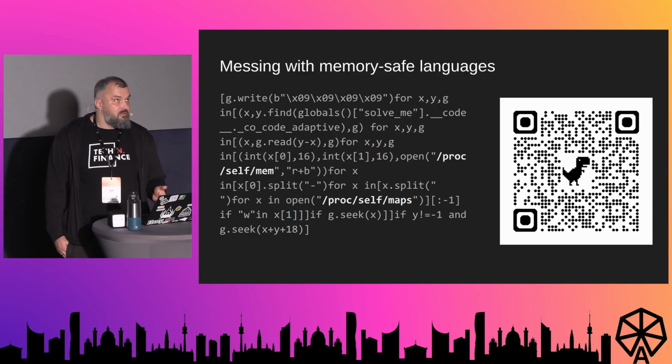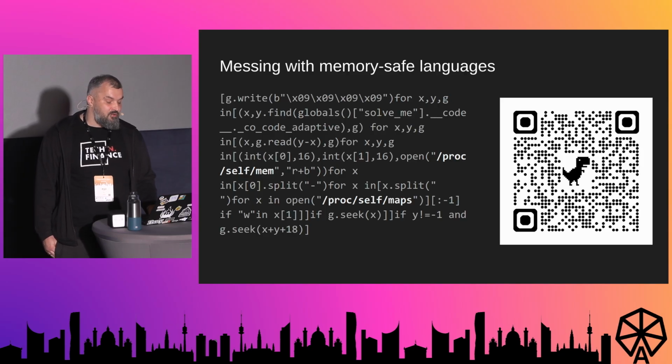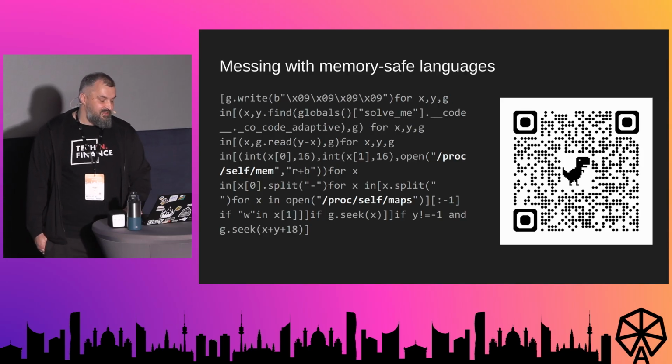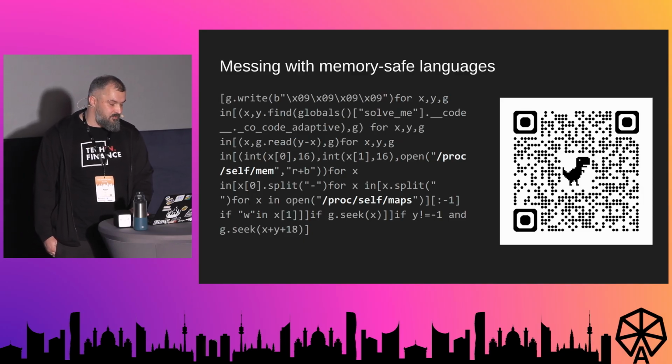However, it doesn't prevent you from reading and writing files. And since this self/mem is just a file, and you are in the same process, you don't have permission issues. You can actually override the Python application itself, and this one removes some constraints and checks so that it makes the code pass. So that's a nice way to use those self aliases for the current process ID.